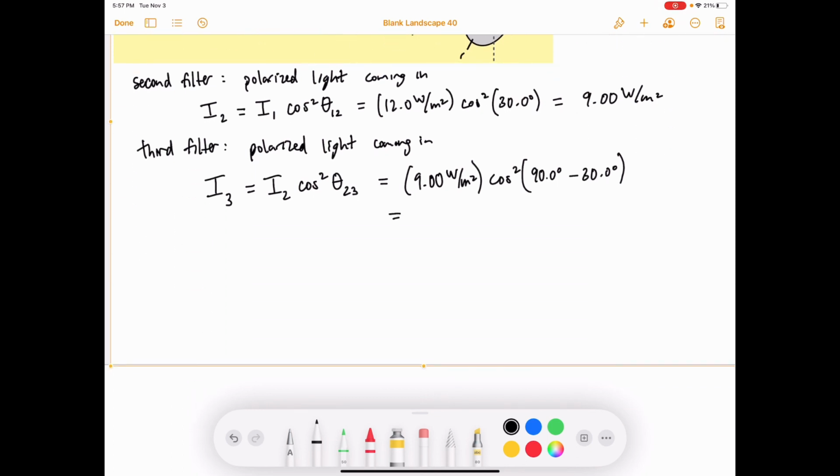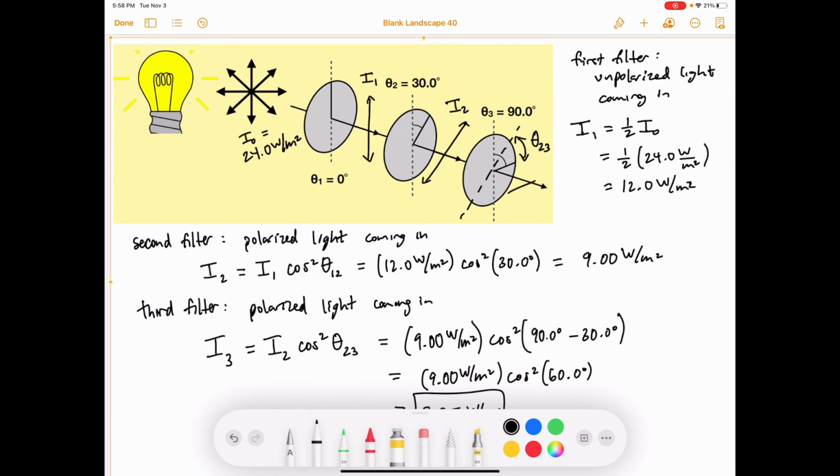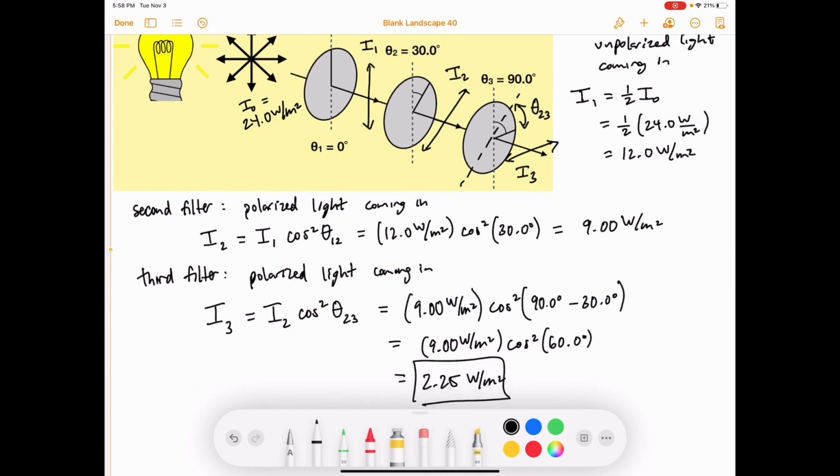So we have 9 watts per square meter, cosine squared, 60 degrees. And if you work that out, it's 2.25 watts per square meter. So that would be the final transmitted intensity. And the outgoing light wave is going to be polarized this way, along the axis of that third filter. So perfectly horizontal, with intensity I3 equals 2.25 watts per square meter. Okay, that's how this works.